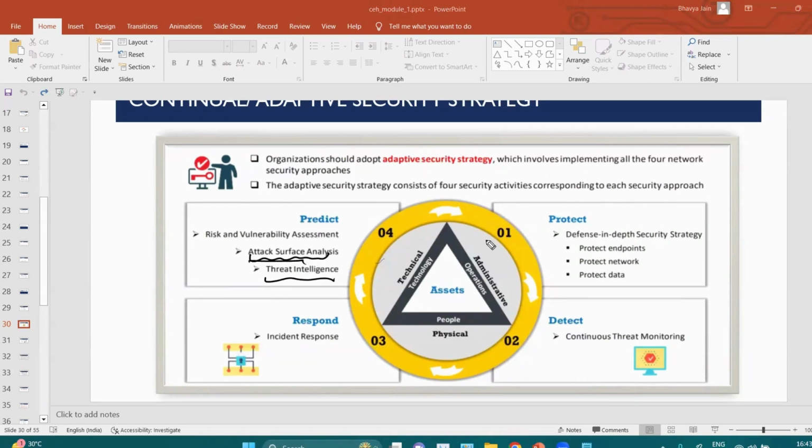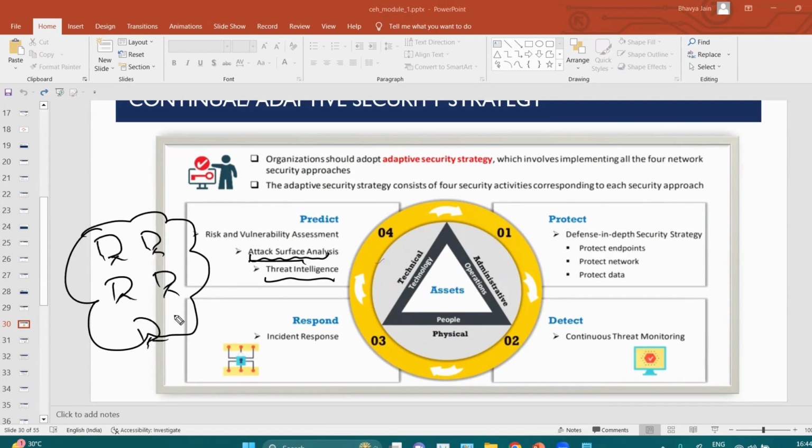Attack surface is, for example, a network. Inside your network, you have multiple devices. The attacker can attack any device, right? Whatever devices the attacker can attack come under the attack surface. For example, there's another PC and that PC is offline, not connected to the internet.